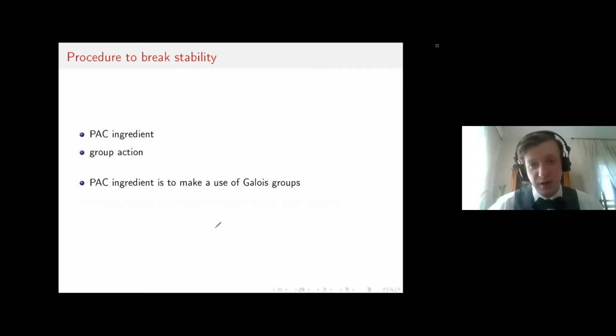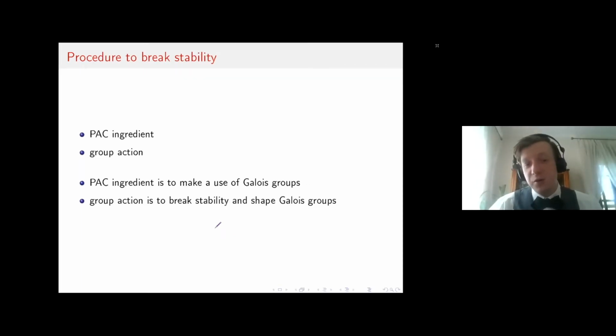I'm sorry, sometimes I call them PAC, sometimes pack. I will tell you about that in a second. And group action is to break stability. In the first slide, I told you that if you add an automorphism and get a different structure, then usually you are not stable anymore.